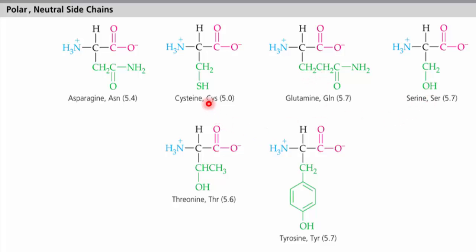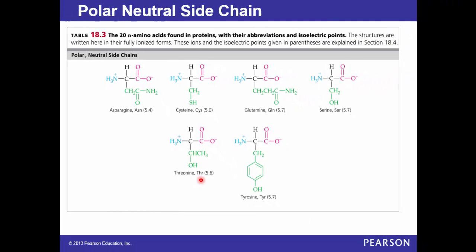Serine is similar to cysteine. Instead of sulfur we have oxygen. This is serine. And then we have threonine, which also contains an OH group. And here tyrosine, an aromatic ring with an OH group on it. These are 6 polar but neutral side chain amino acids. So by now we have 15 amino acids.